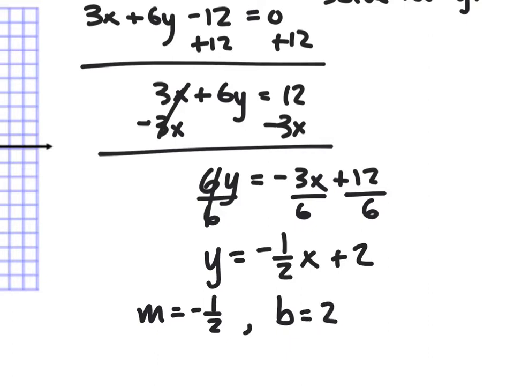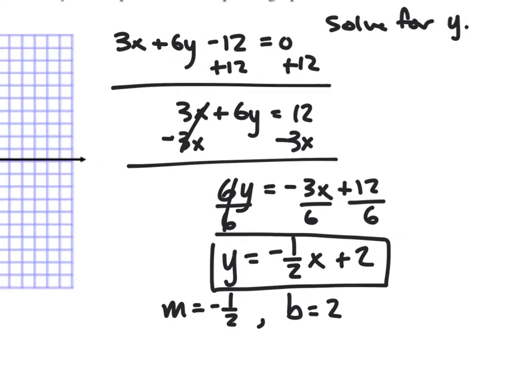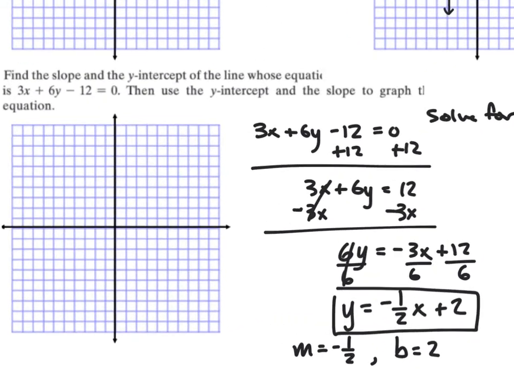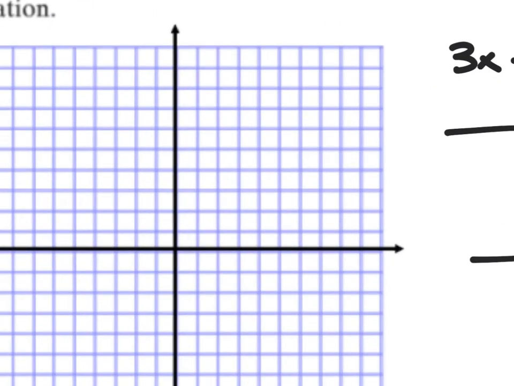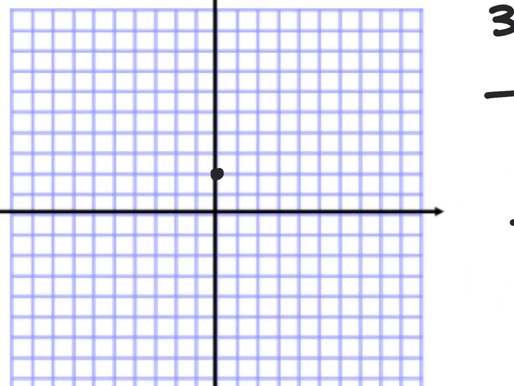So I've got this equation now in slope-intercept form, and I can just graph it. Let's start here at positive 2 on the y-axis and plot a point. Then I'm going to use my slope of negative 1/2 to generate other points. That means I'm going to go down 1, to the right 2, down 1, right 2, and then up 1, left 2 to go the other way.